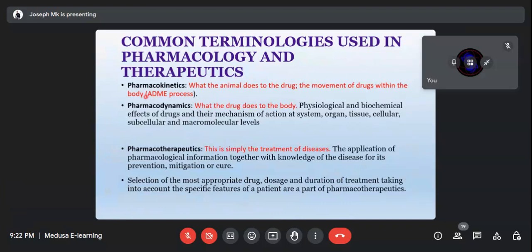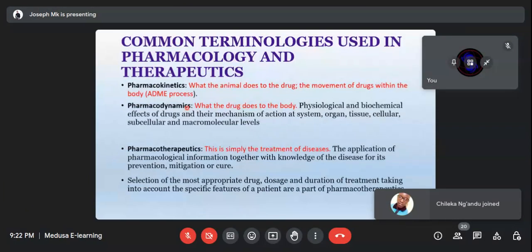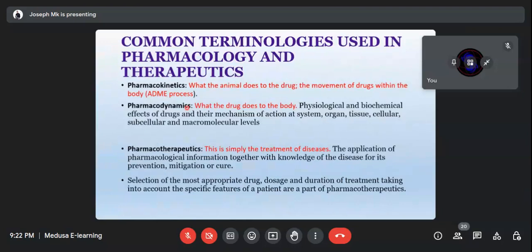The A simply means absorption, the D is distribution, M is metabolism, and E is excretion. So once the drug gets in the body, it has to be absorbed, distributed, then metabolized, and finally excreted because its work is now done in the body. So it has to be removed from the system. So that is just about pharmacokinetics.